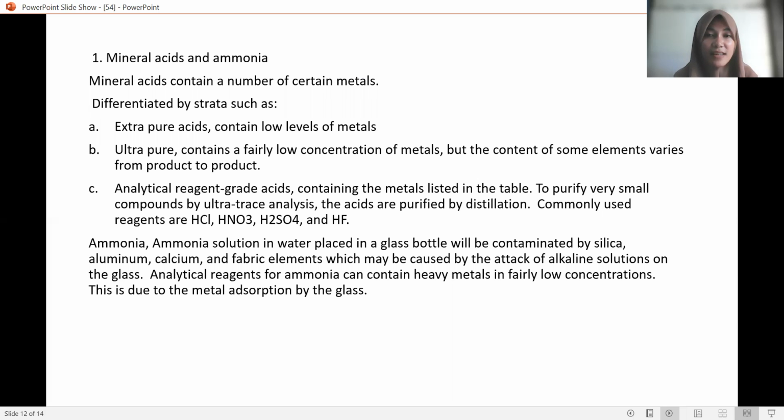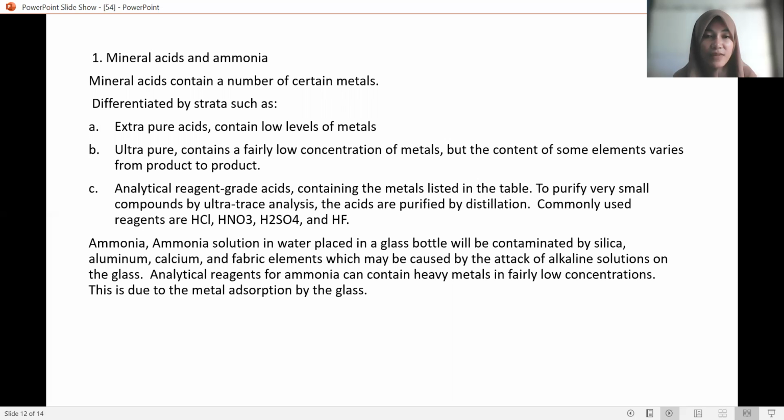containing the metals listed in the table, to purify very small compounds by ultra-trace analysis. The acids are purified by distillation. Commonly used reagents are hydrochloric acid, nitric acid, sulfuric acid, and perchloric acid.